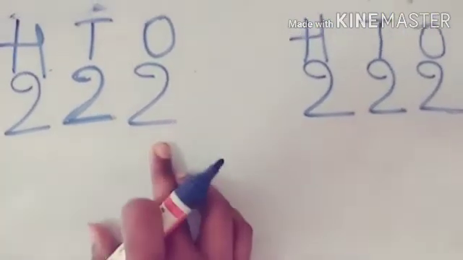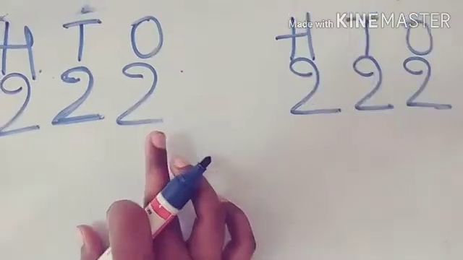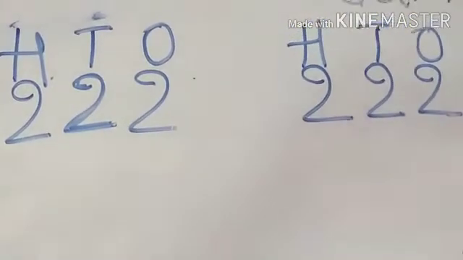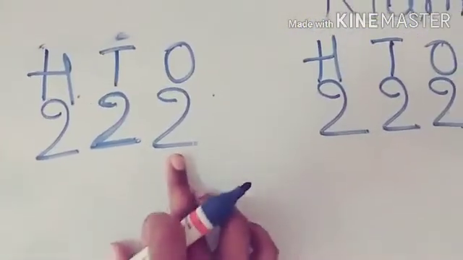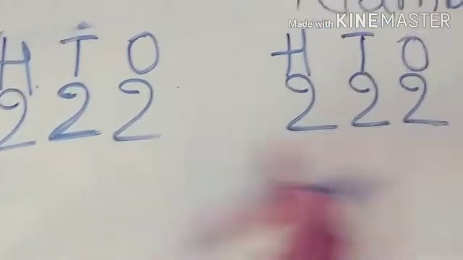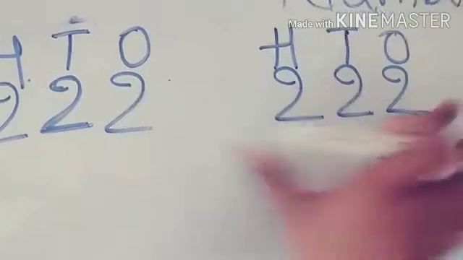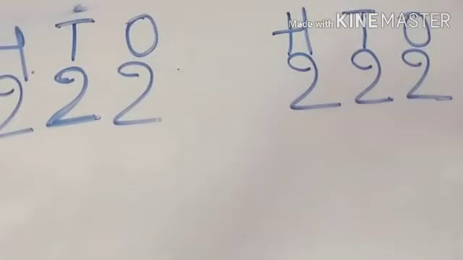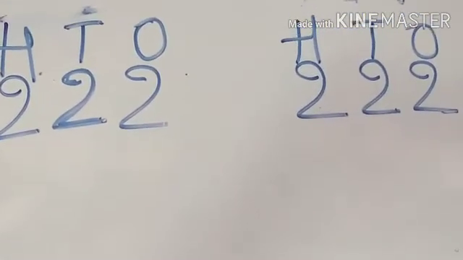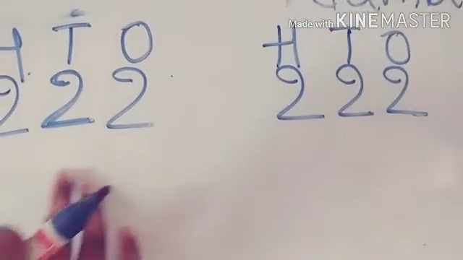And now look at the numbers at ones place. Here it is 2 and here it is also 2. In ones place also both numbers are same. So students, now what are you going to do?